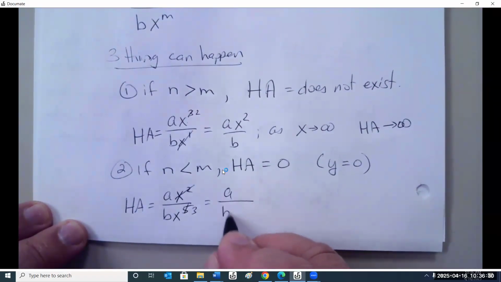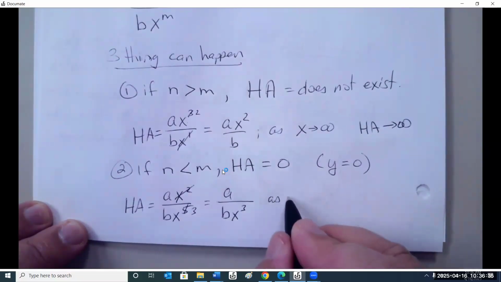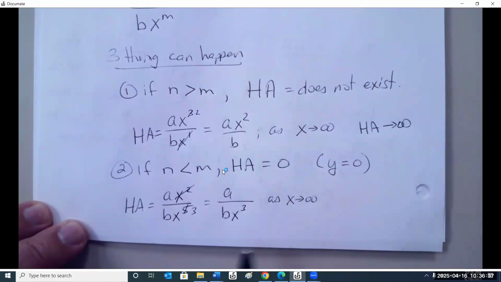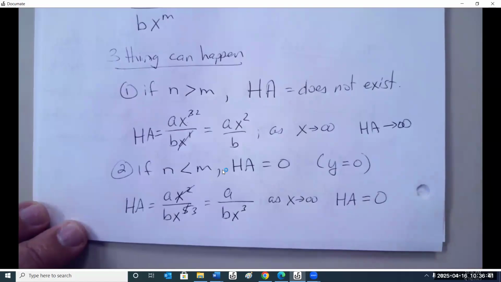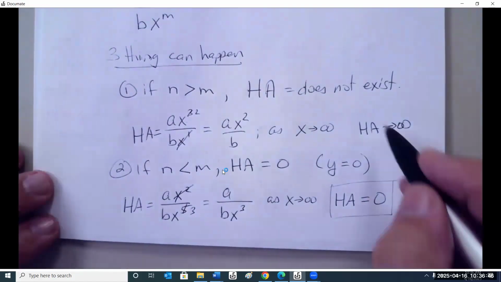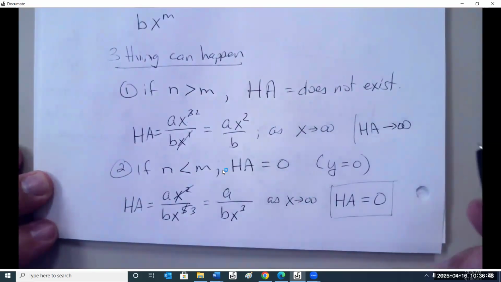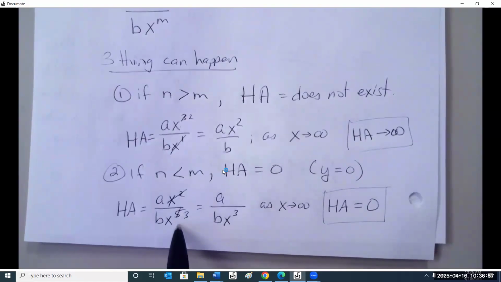So it's a over bx cubed. As x goes to infinity, the horizontal asymptote becomes 0. So if there's more x's on the bottom than the top, it goes to 0. If there's more on top, it goes to infinity.